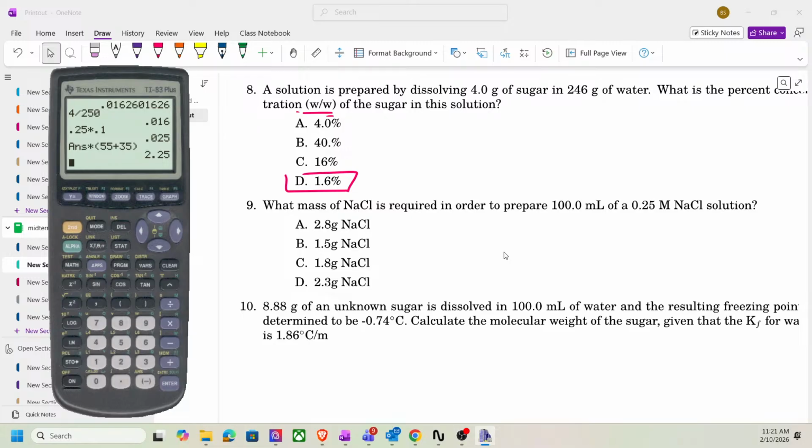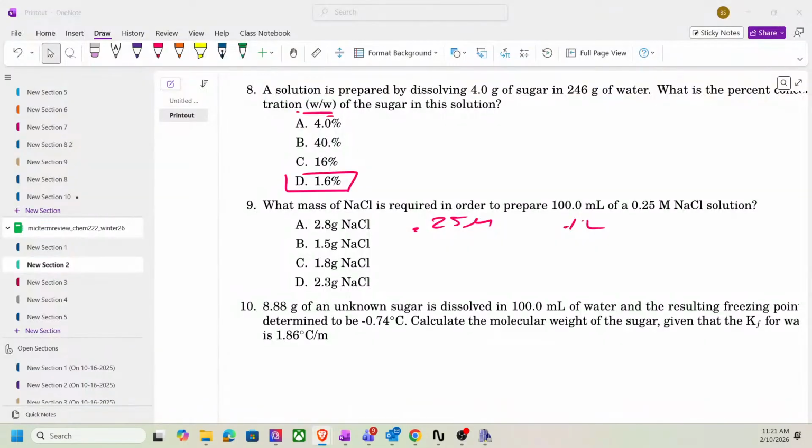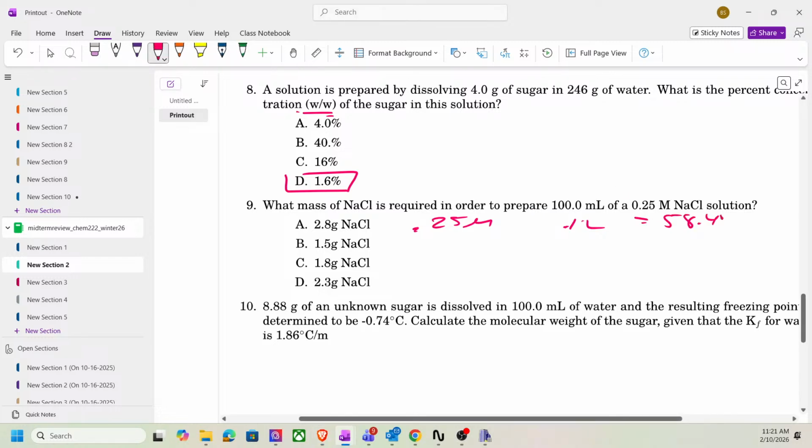Yeah, so let's do this one. Let's see, what did I screw up on? All right, so we want to make a 0.25 molar solution, and we're trying to make 0.1 liters of it. I probably just have my mass of sodium chloride wrong. That sounds right. 58.443.